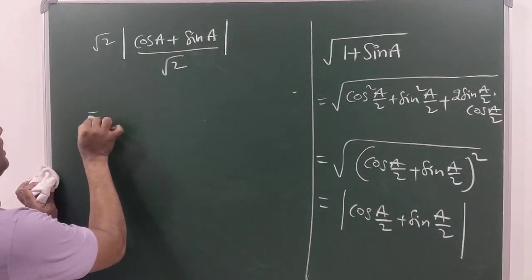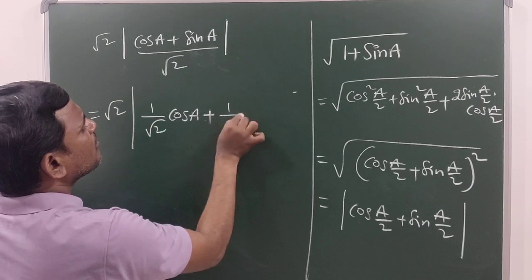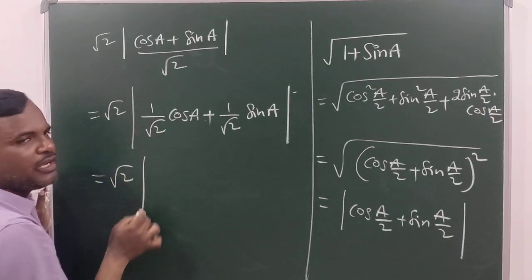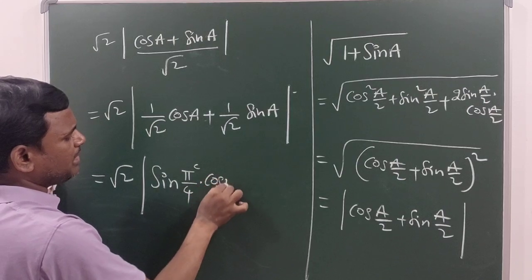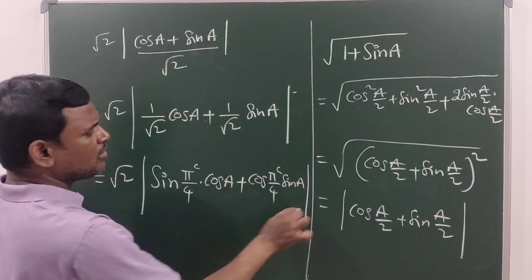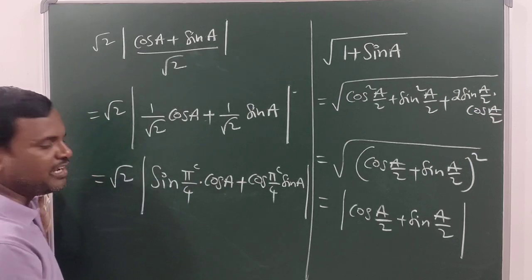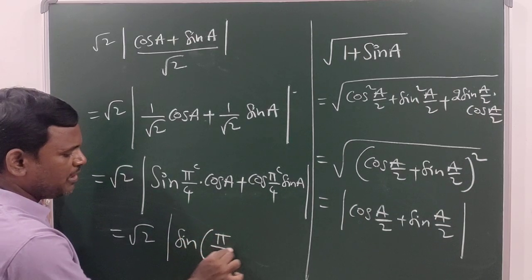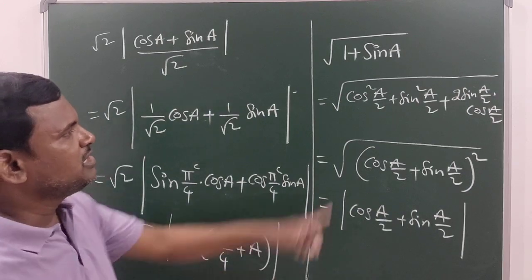So in the next step, root 2 times 1 by root 2 cos A plus 1 by root 2 sin A. Now write this 1 by root 2 as sine 45 degrees, pi radians by 4, into cos A, plus this 1 by root 2 as cos 45 into sin A. Now observe this: sin A cos B plus cos A sin B is the expansion of sin A plus B. So root 2 into mod of sin A plus B. Now A means here pi by 4, B means capital A. Keep it aside.